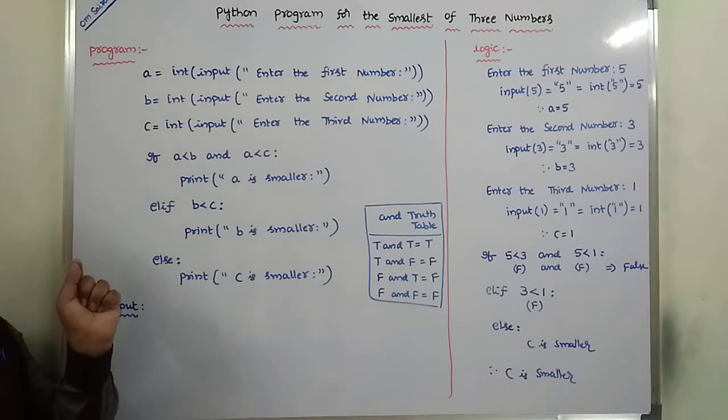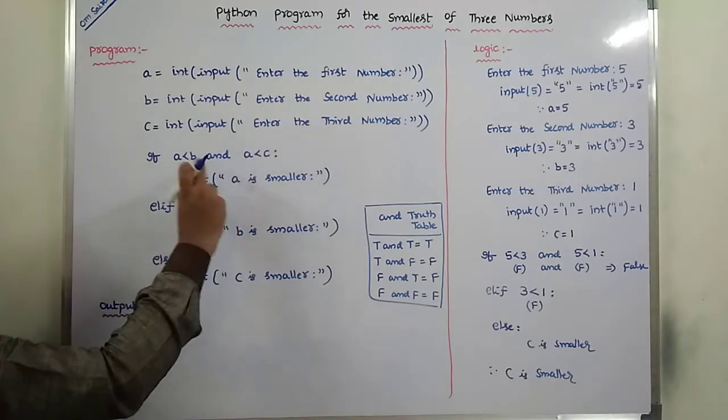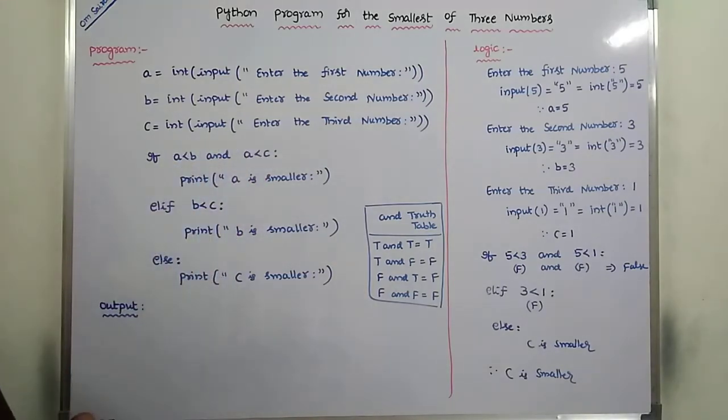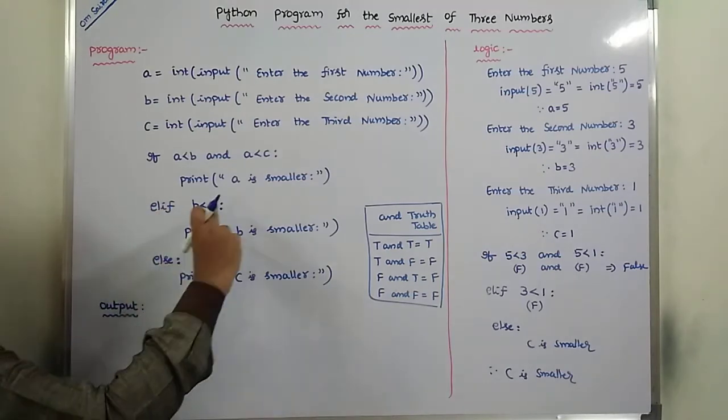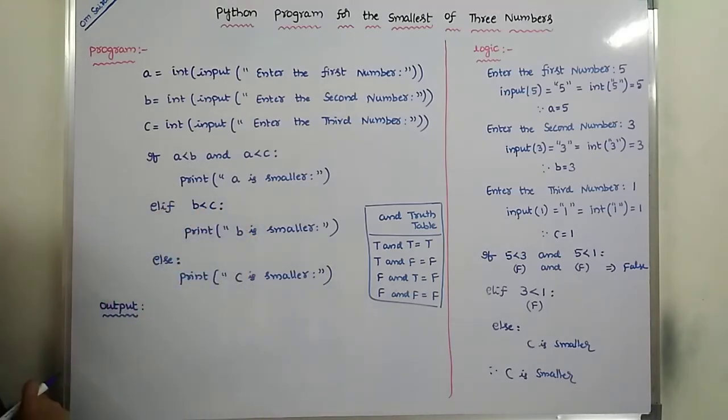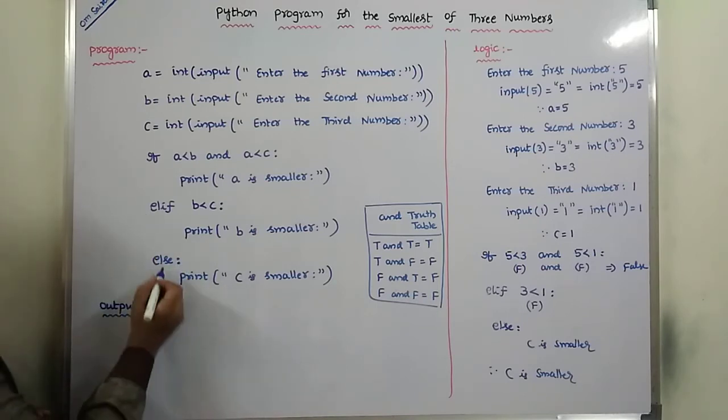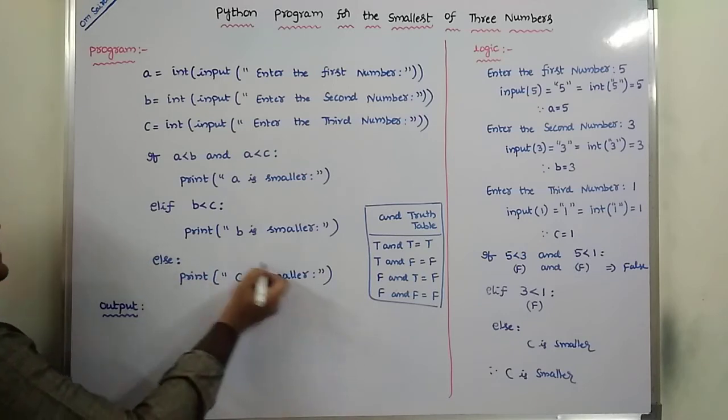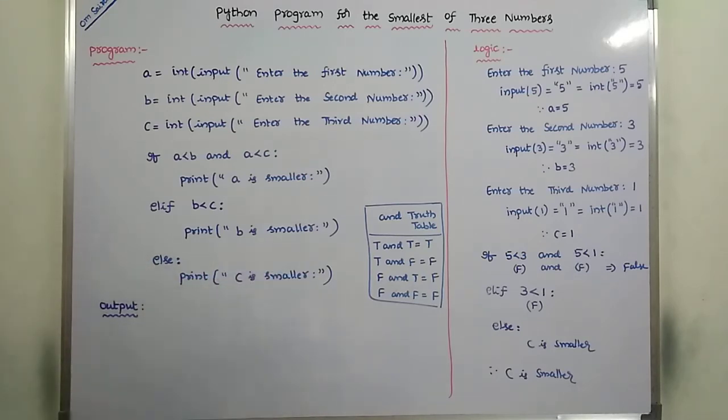Whenever both conditions are true, the control enters into the if block, otherwise go to the else if block. Here if the condition is true, then the control enters into the else if block, otherwise go to the else block. Here there are no conditions, so the statements within the else block are executed.